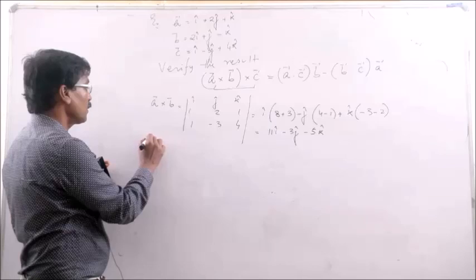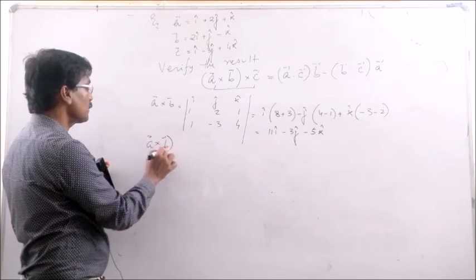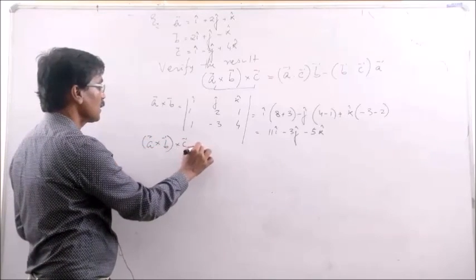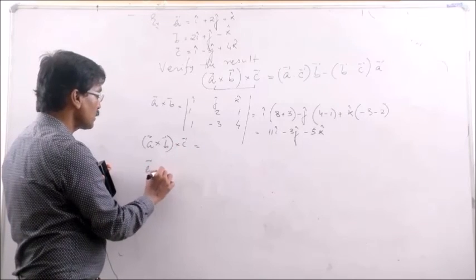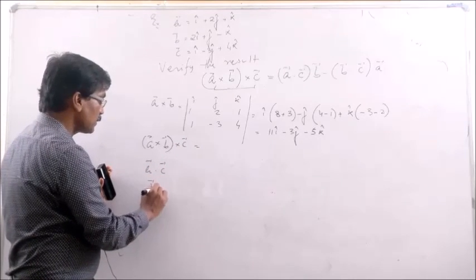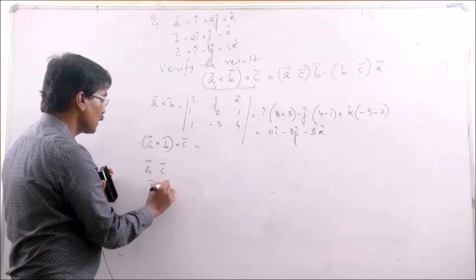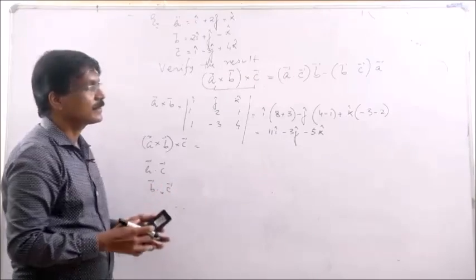So, you have to find A cross B cross C, next A dot C, B dot C, and subsequently verify the result. Thank you.